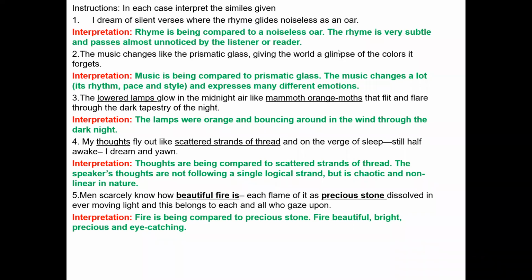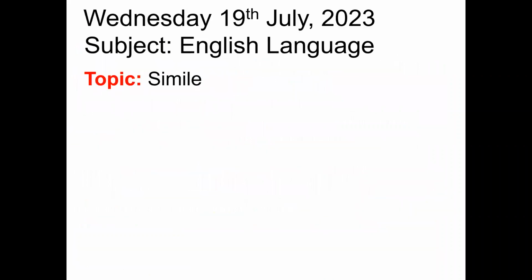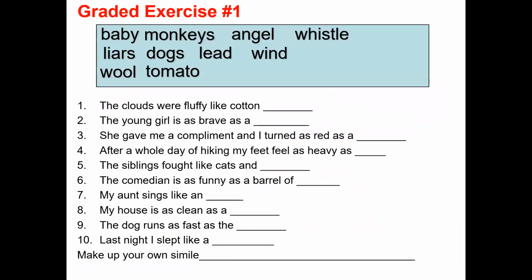I think what made this assignment difficult, because remember when we did it the first time with the clouds are fluffy like cotton, the young girl is brave as that, this was very easy. Why was it easy? Because each of these words you already know. Everybody knows a baby. Everybody knows an angel. Everybody knows a whistle.